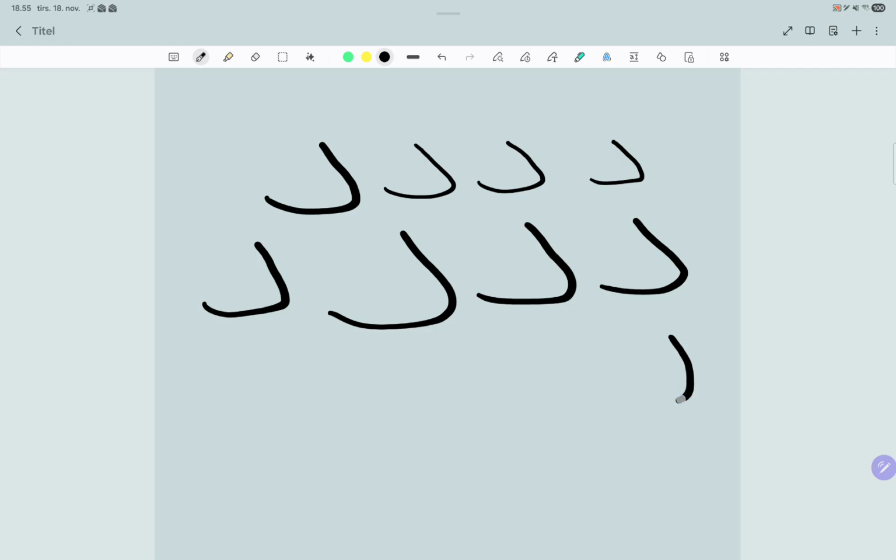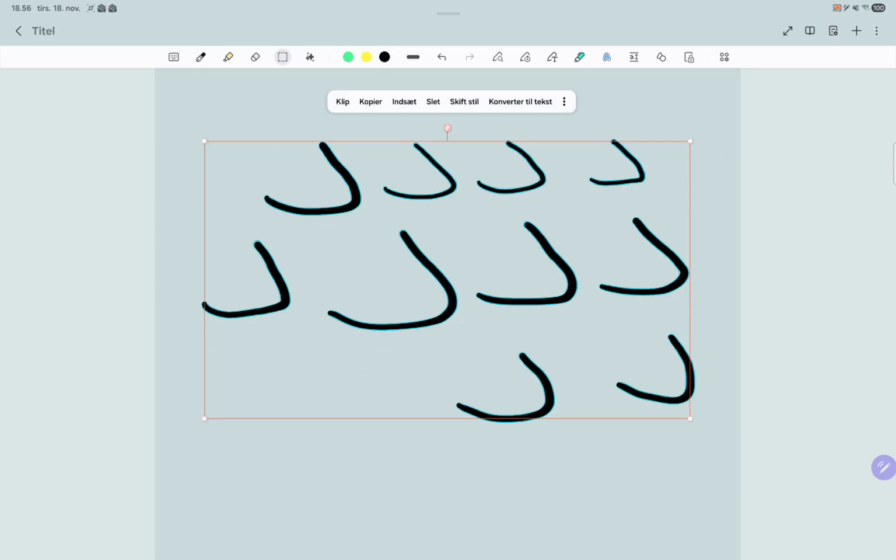Dal. So this letter Dal is said by using the tongue and placing it almost in the same place where you say ta, but there's a difference, and I will try to draw it for you so you can see the difference.